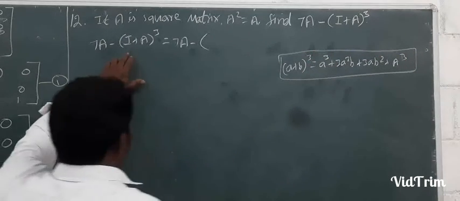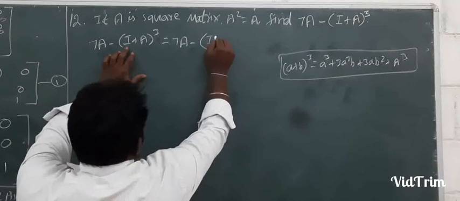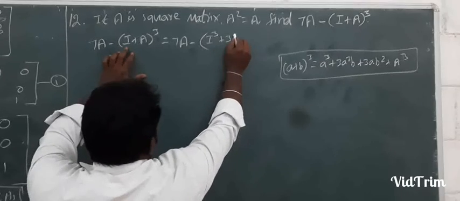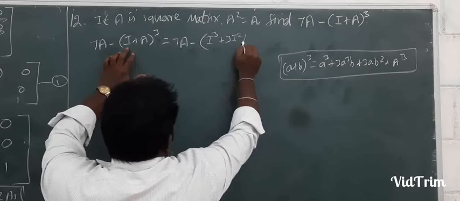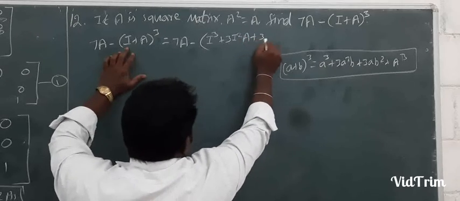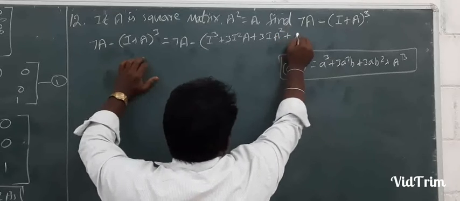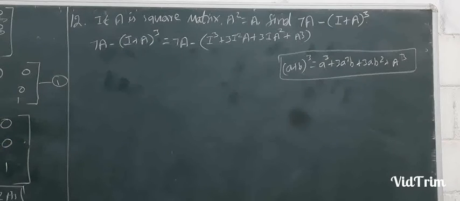Expanding, we just apply this: I cube plus 3 I square A plus 3 I A square plus A cube. So this is the value of (I plus A) the whole cube.